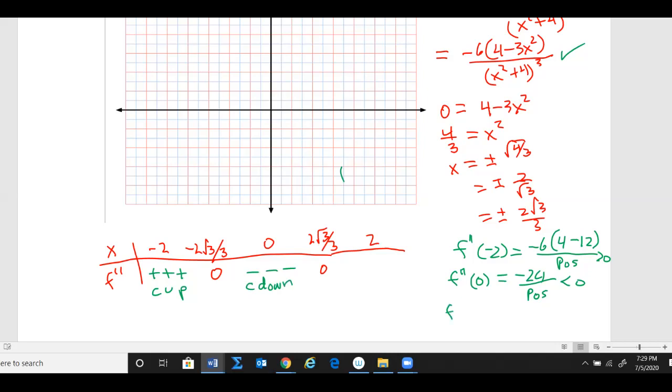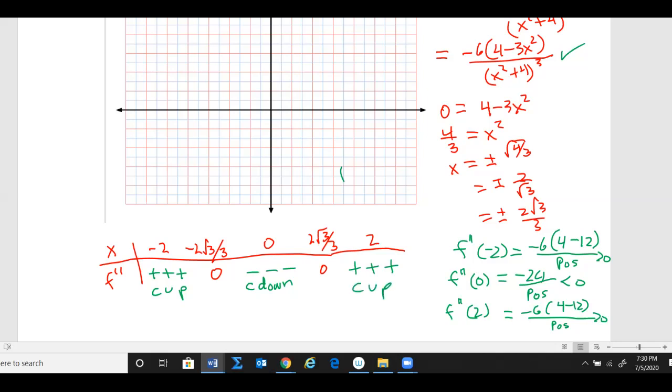And when we're positive again over here to the right of that radical at 2, we have negative 6 with that same number, 4 minus 12, and then over that positive number. So it's positive again. So we're C up again.